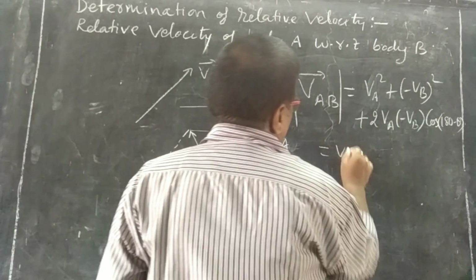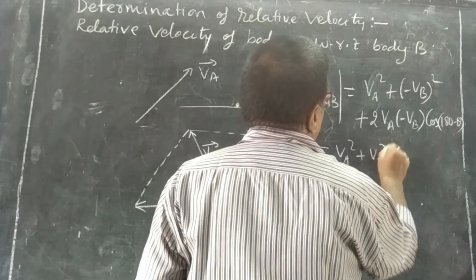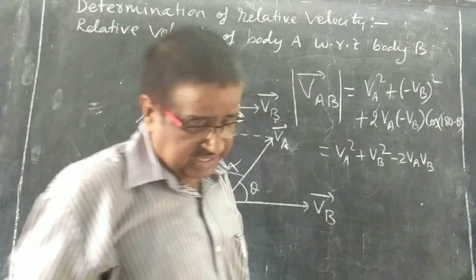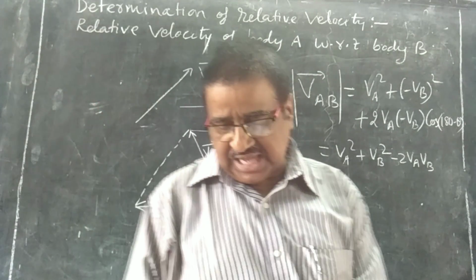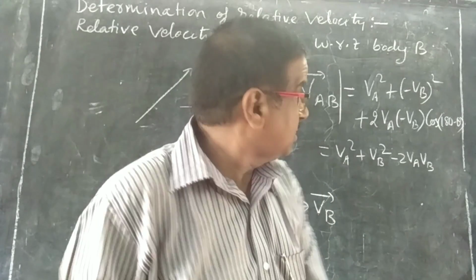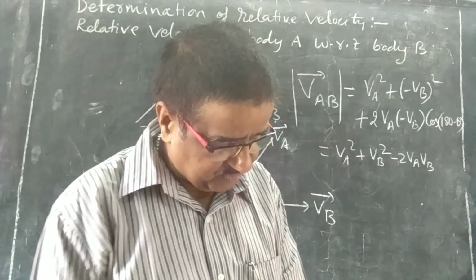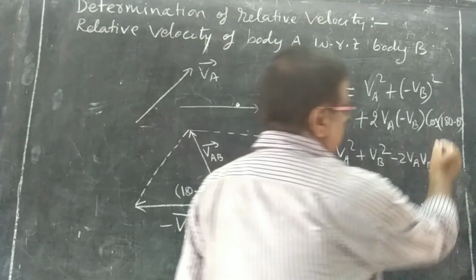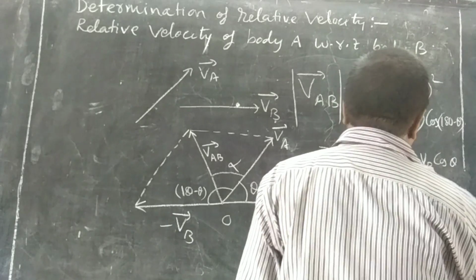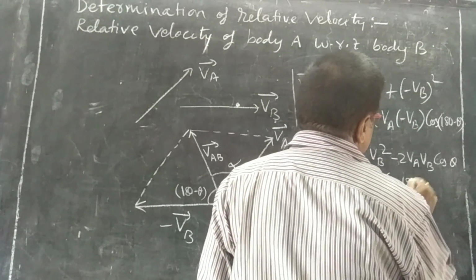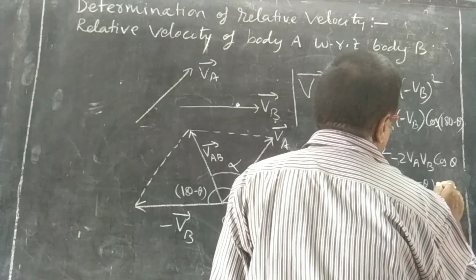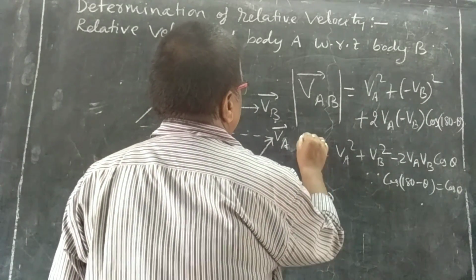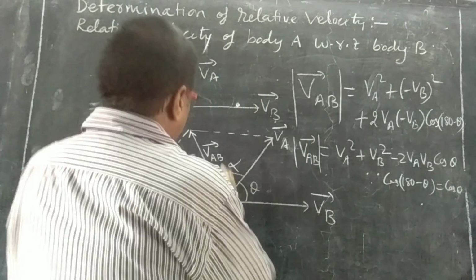So you will get VA square plus VB square minus 2 VA VB cos theta, since cos 180 minus theta is equal to minus cos theta. So this will be the magnitude of relative velocity. Now what will be the direction?